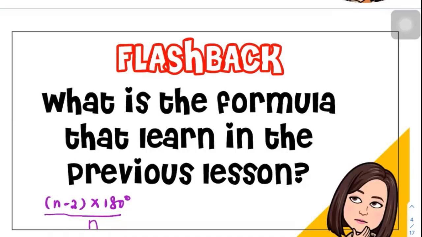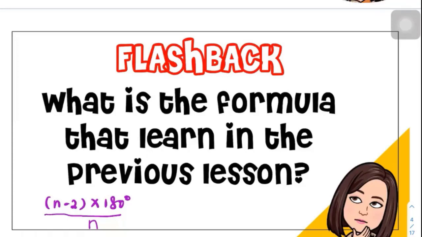Beatrice, are you there? How to determine the exterior angle? Which formula are you going to use? I saw Steffi respond in the chat. How about the rest? Is the answer that Steffi responded correct? You can refer to the chat. Steffi responded that the formula is 360 over n. Is that correct? Diva responded correct.